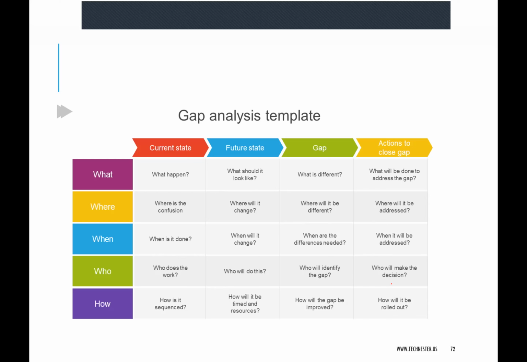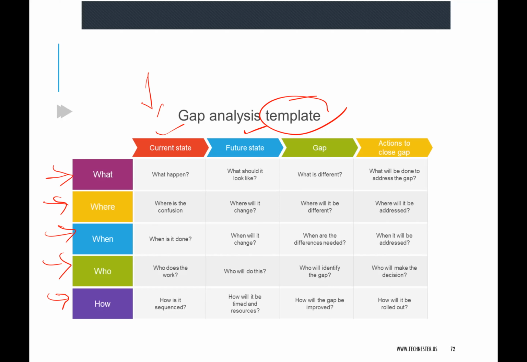You can use a template like this, for example, to tabulate the current state, the future state, and the gap you think exists between current state and future state. So imagine in this case, you are breaking down whatever problem the organization has into different individual problems or units. So you are functionally decomposing it.